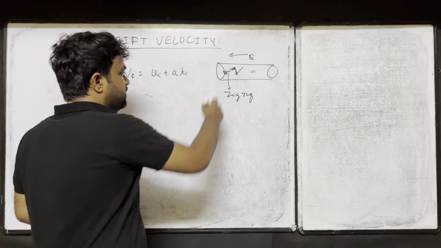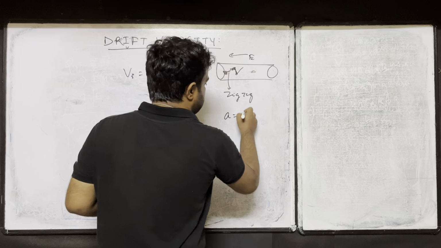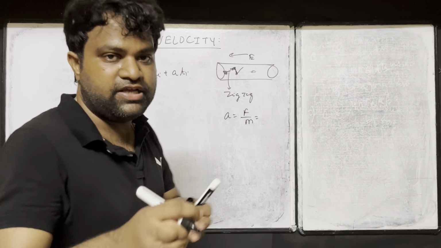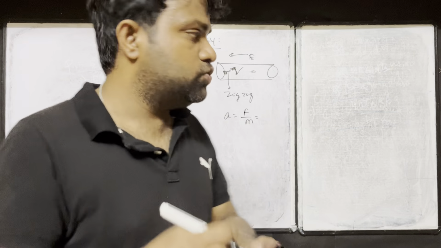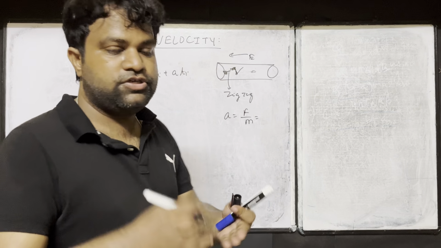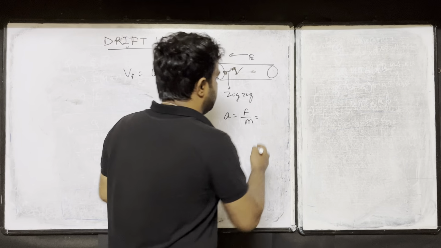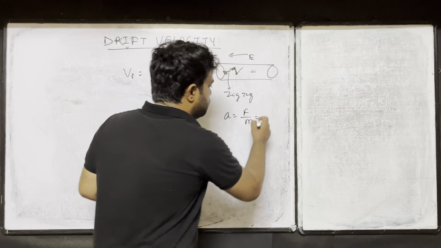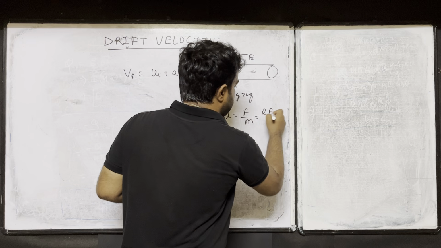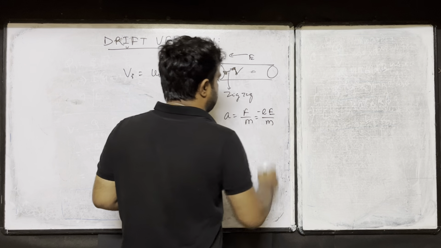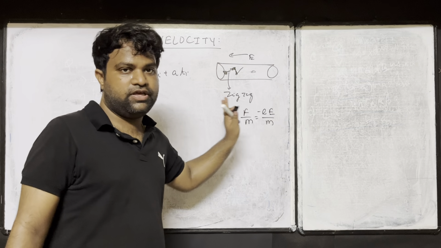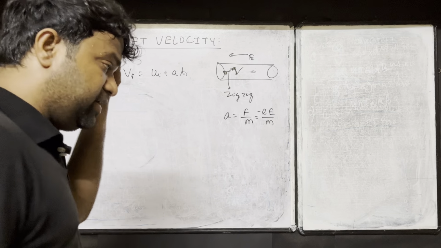We know acceleration is force upon mass, and F is QE. Here our charge is the electron, so Q is e, and a is eE by m. Of course we can write minus, but for magnitude, acceleration is only eE upon m.